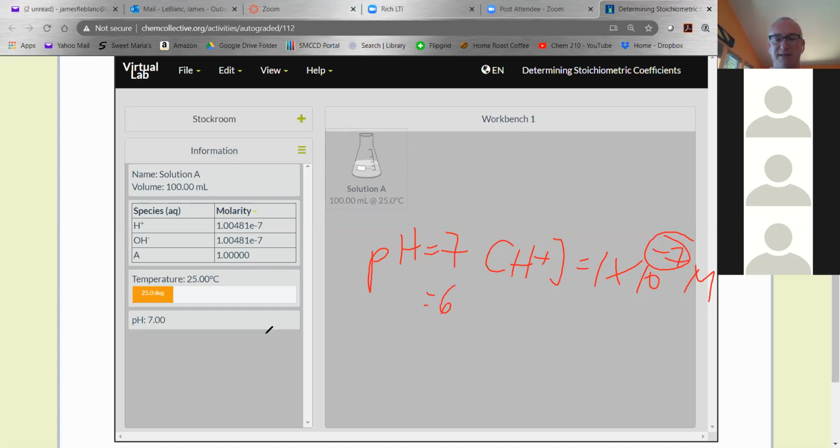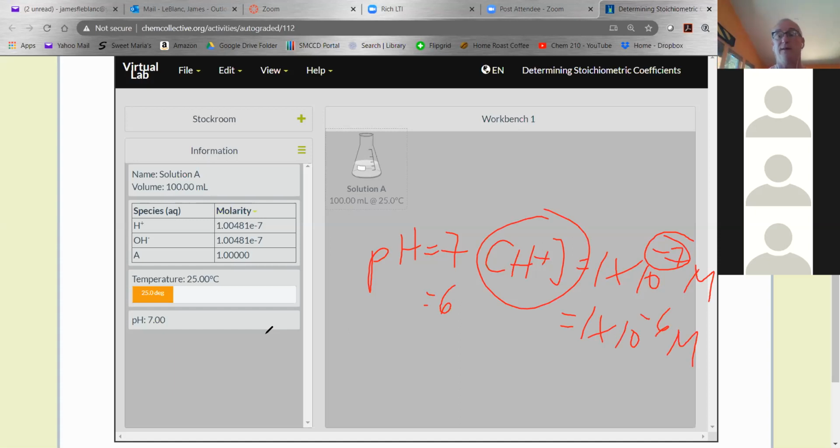If it was pH 6, the concentration would be 1 times 10 to the minus 6. And what we'll learn later, if we get to acids and bases, is that the concentration of H plus in pure water, so remember, that means neutral, not acid and not base, means those two concentrations have to be exactly the same.